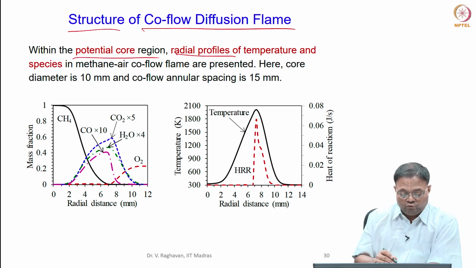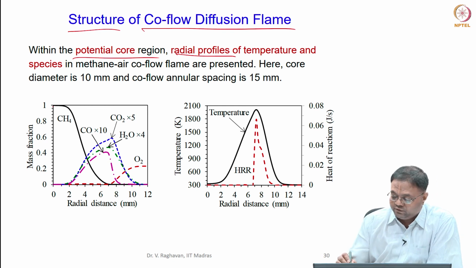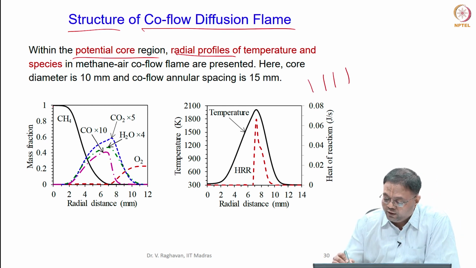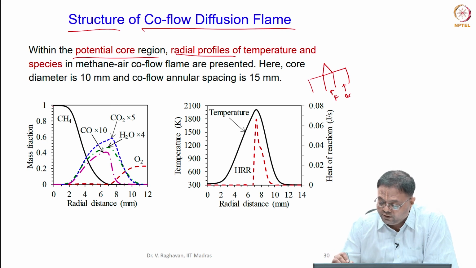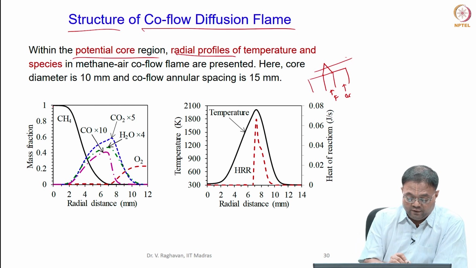If this is the flow, this is the potential core region for the jet, this is fuel and these are the oxidizer flows. Somewhere here the radial profiles are extracted, and you can see the mass fraction of methane is 1 here, and it reduces and is consumed at the flame zone.